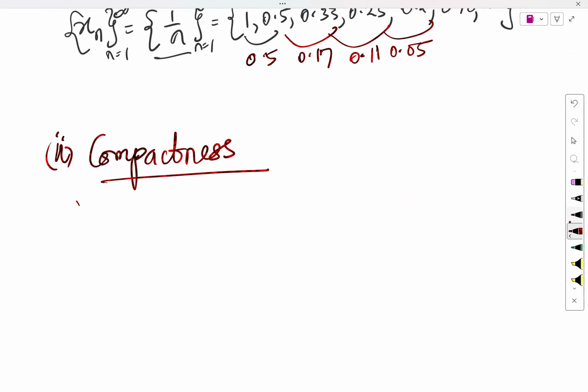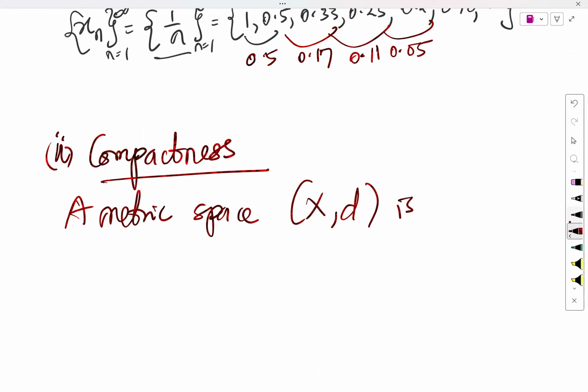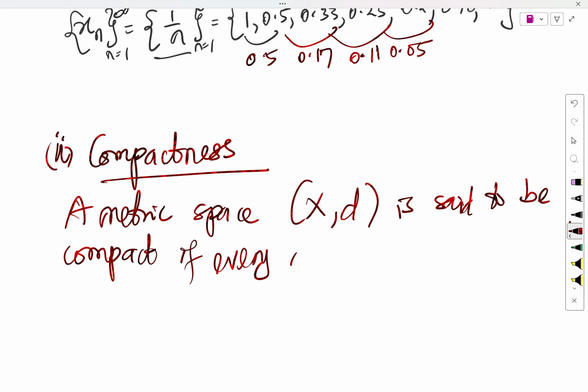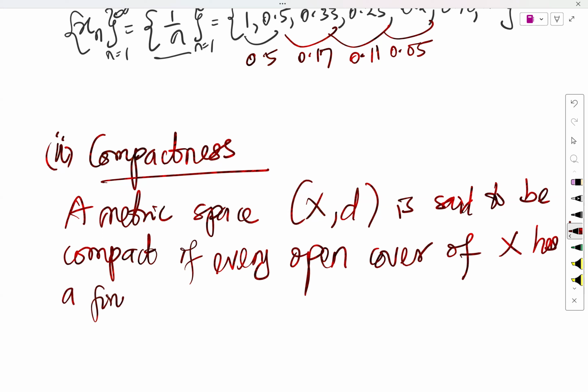Again, we say that a metric space (X, d) is said to be compact if every open cover of X has a finite subcover. Of course, some new terms are getting thrown up, but trust me to explain them also.